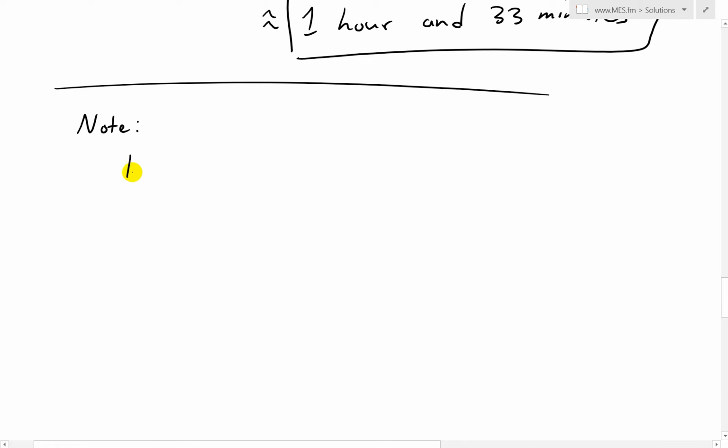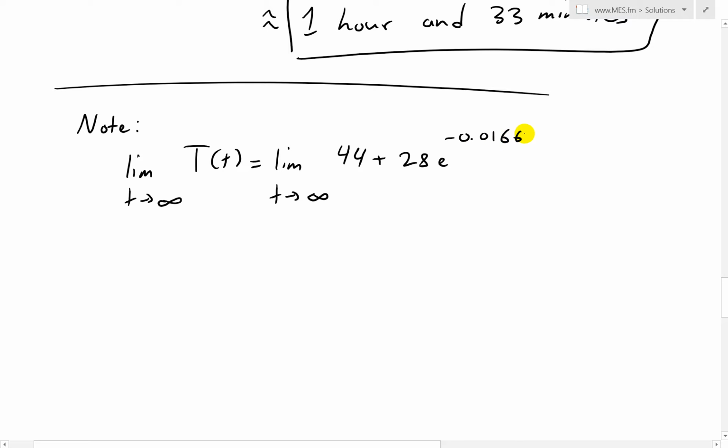So note that the limit as t approaches infinity of T of t, the formula, is equal to the limit as t approaches infinity of 44 plus 28 e to the negative 0.01663 t.